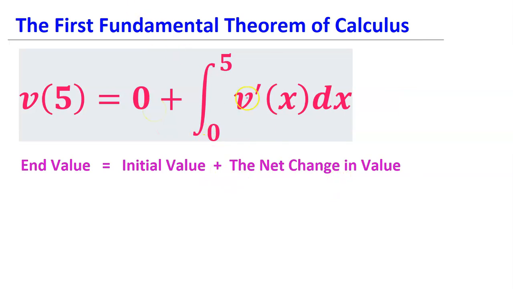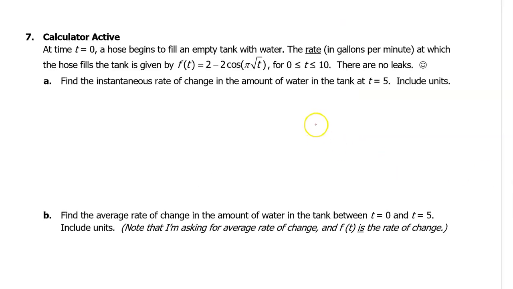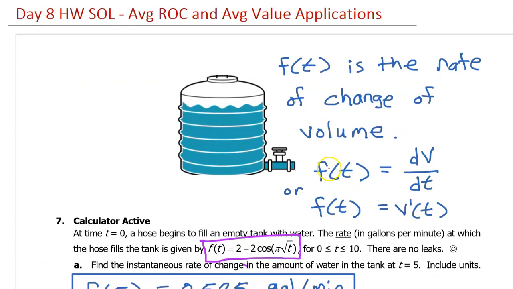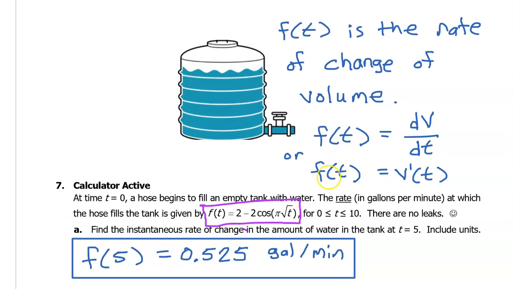I want to make one other change because I'm using this variable v, and here I have v prime. But then the way they gave us the problem, they gave us this function f that we have to deal with. Now we have learned that this function f is the rate of change of the volume. So v prime is function f of t.